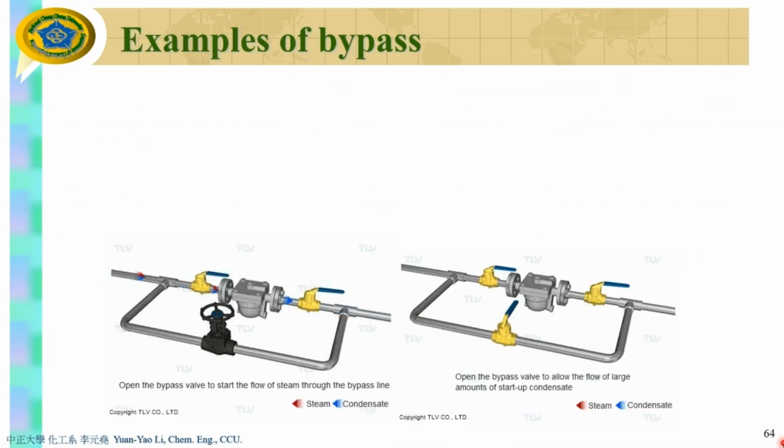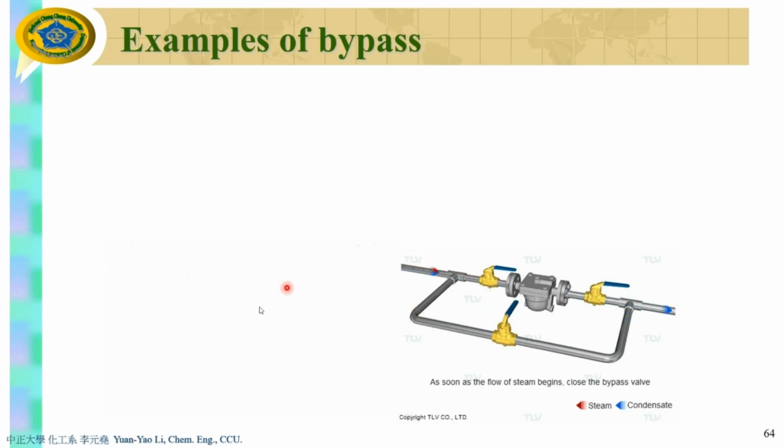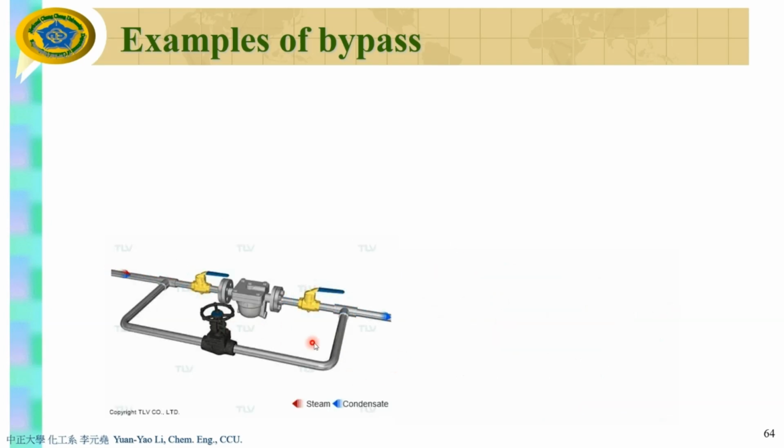So this is one example of the bypass. See that this is the proper pipe, and this is the bypass stream. So if you want to change this meter or you want to change this device, you need a bypass, right? If this is broken and you want to change it, you need a bypass, right?